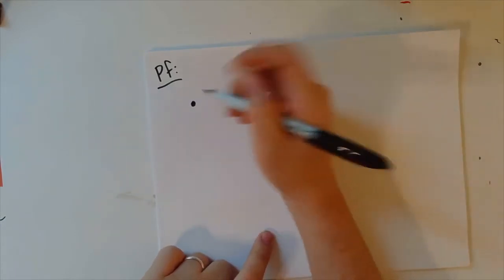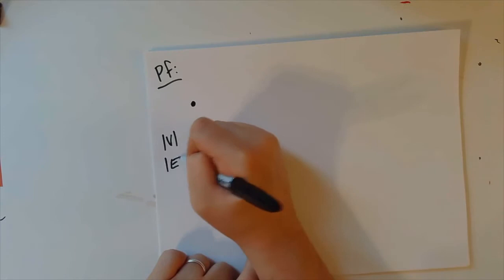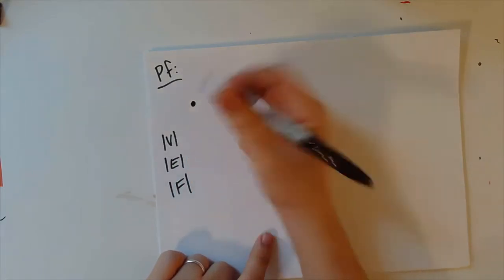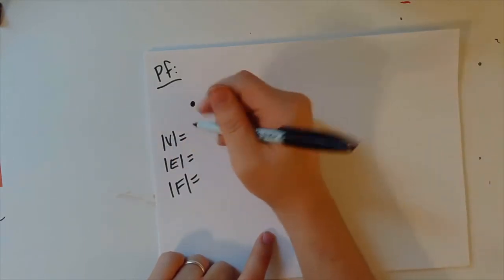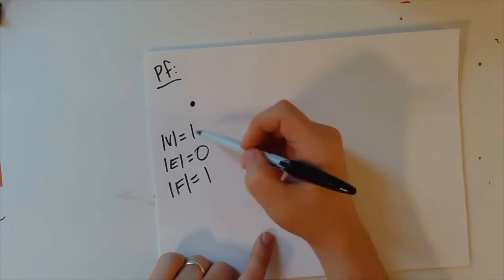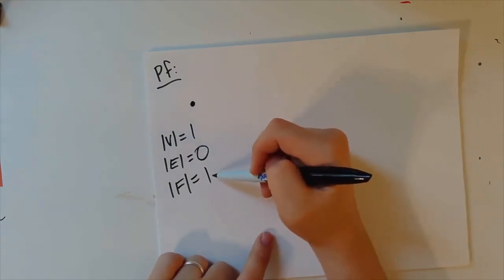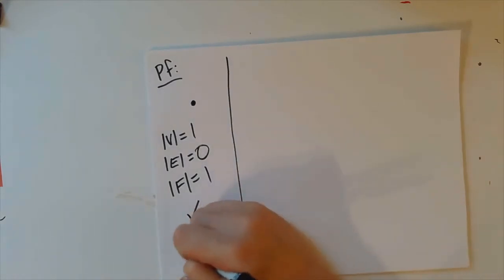And so in this case, I've divided the plane into just one face. And so here I have one vertex, 0 edges, one face, 1 minus 0 plus 1 is 2, check. Okay, so this is my base case.